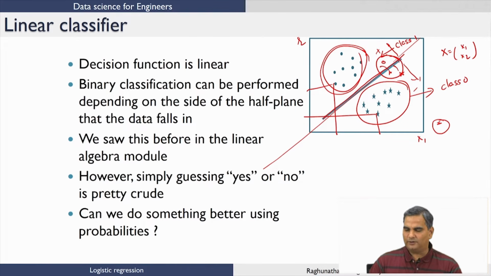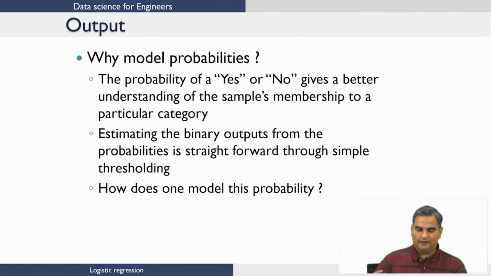So, I would like to say that the probability that this belongs to class 1 is much higher than this because it is far away from the decision boundary. So, how do we do this is the question that logistic regression addresses. As I mentioned before, the probability of something being from a class, if we can answer that question, that is better than just yes or no answers, right.